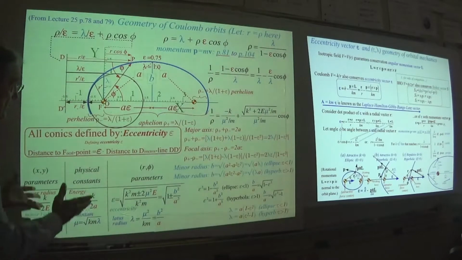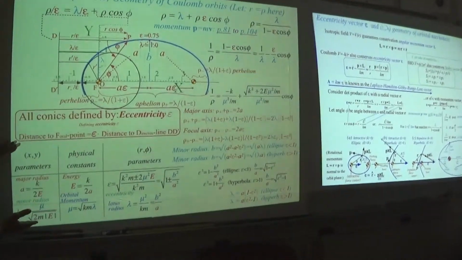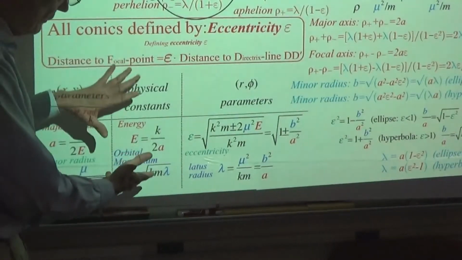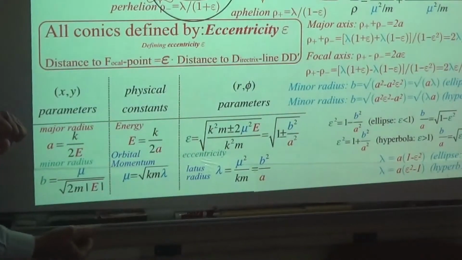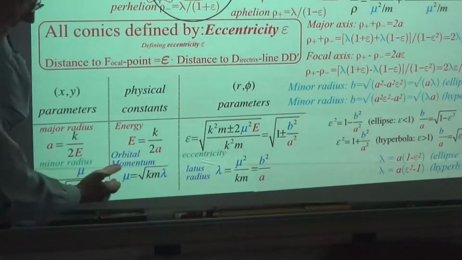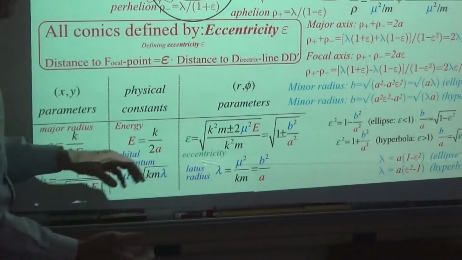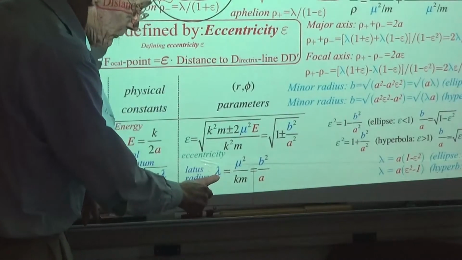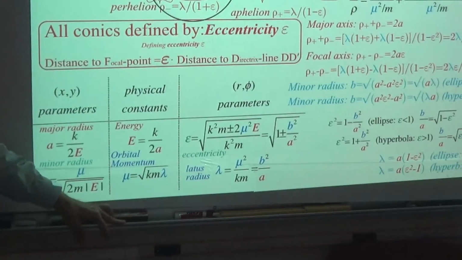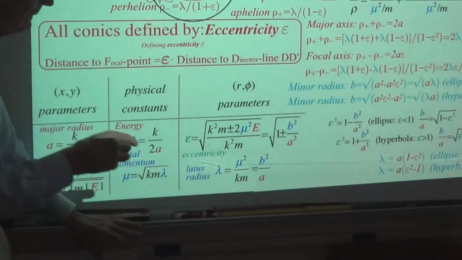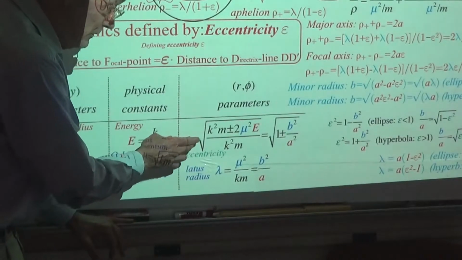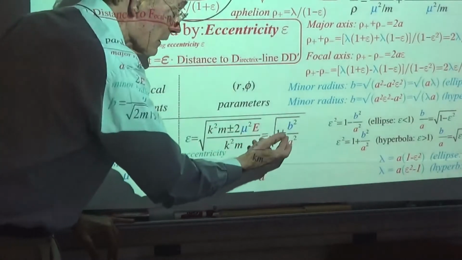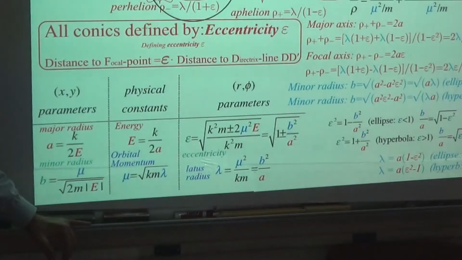And there's that physical table putting the parameters A and B, the Cartesian XY parameters, with the physical constants, energy and momentum, L or mu. And then here is something that has to do with L or mu: the lattice radius, same sort of letter, Greek lowercase lambda. And then the epsilon right here. That's the most complicated function of them all. But in terms of the Cartesian coordinates, it's not that complicated.